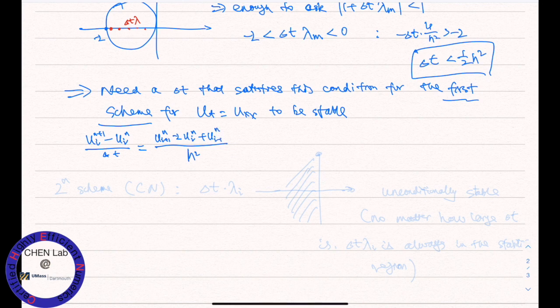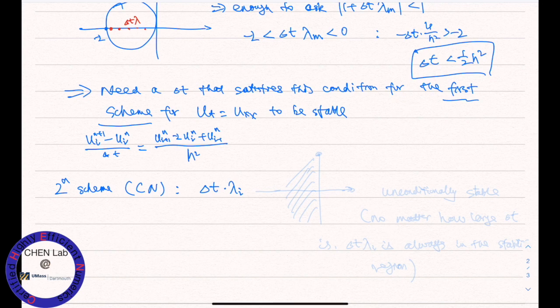Now for the second scheme, which is Crank-Nicolson, for delta t lambda I in that case, we just change the ODE solver basically. Everything else stays the same.